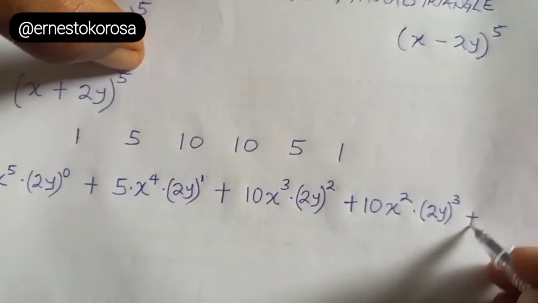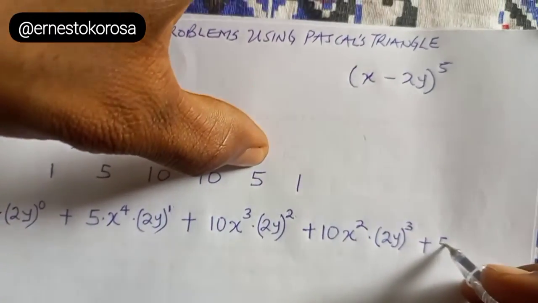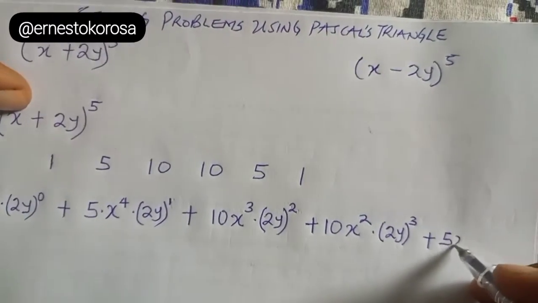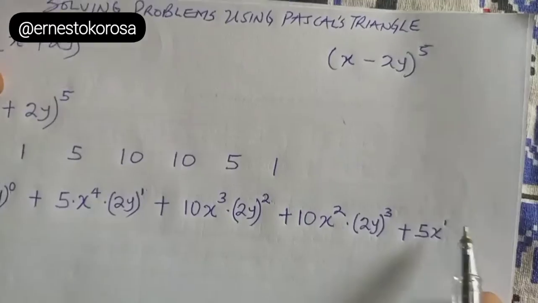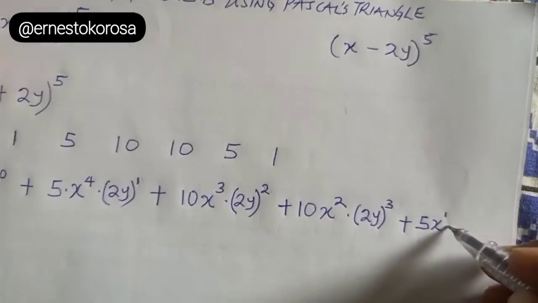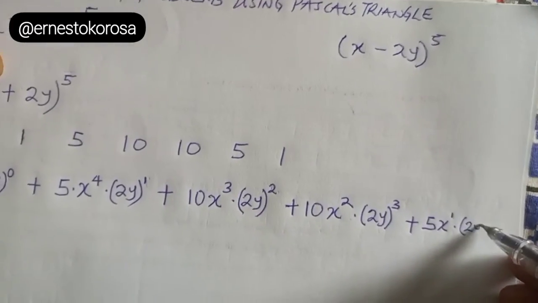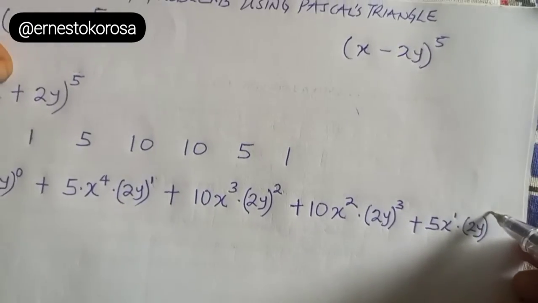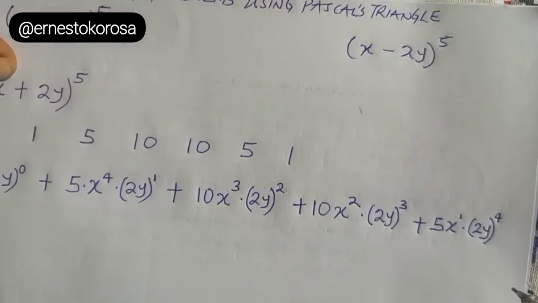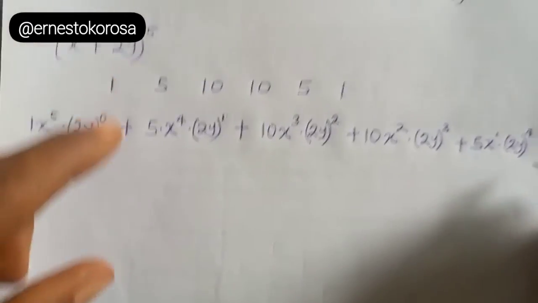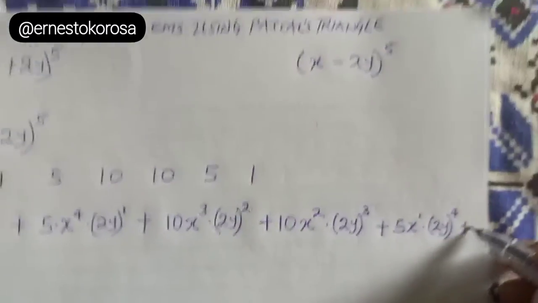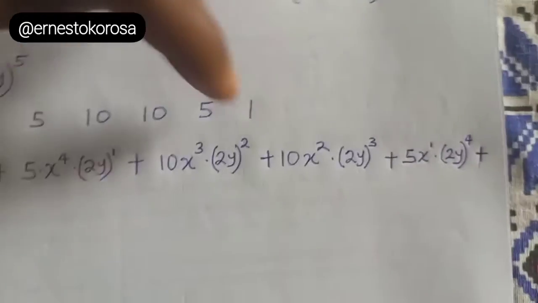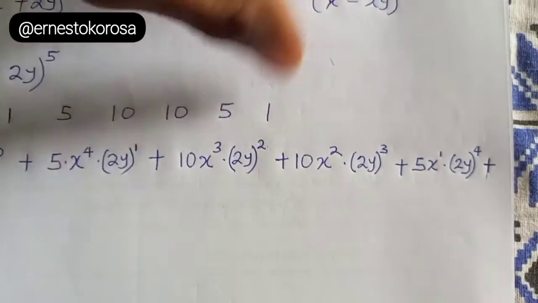The next coefficient we have is a 5. So 5x raised to power 1, it was 2 here, now it is 1, multiplied by 2y raised to power 4. And then finally, 1 is the last coefficient.